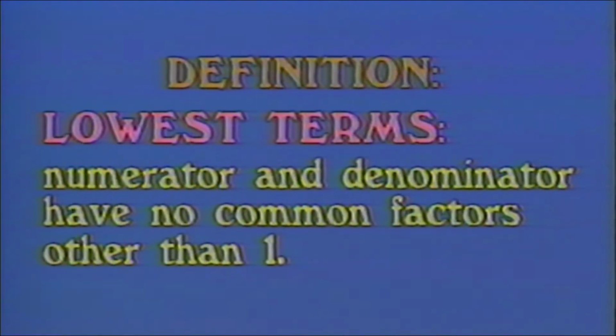Let's see examples of fractions in lowest terms so that the idea is clear. 1 over 10, 1 over 200, 1 over 1,000 are all in lowest terms.